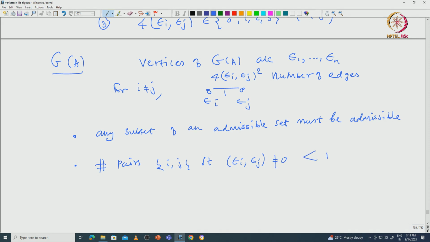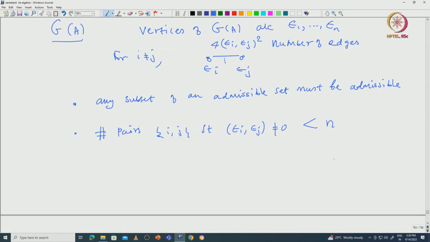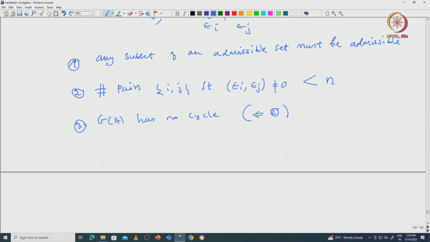This has to be less than n. The third point, G of A has no cycle. That is an immediate corollary of this 2, so let us label them 1, 2 and 3. This just follows from 2. The fourth condition, if we take some vertex epsilon, then at most 3 edges can originate from that vertex.